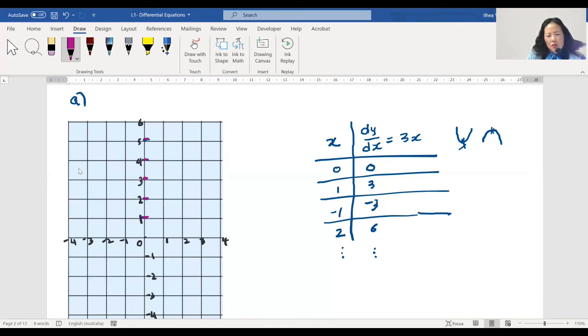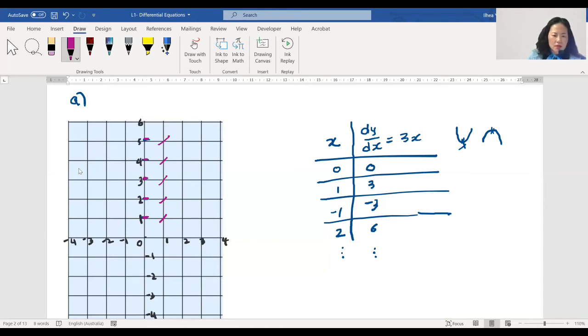So it's not as steep as 6, but it'll be roughly something like that. When it's 1, like that. And you can actually do that at the same, roughly, because their gradient will be the same here. And -1 is -3. So they're the same sort of value, but in the different direction.